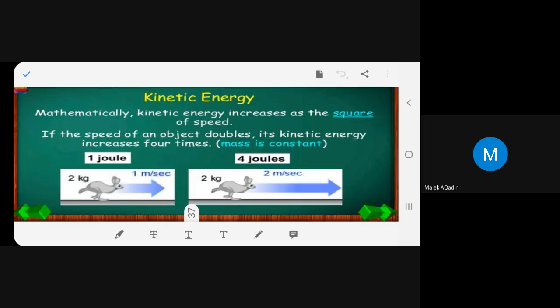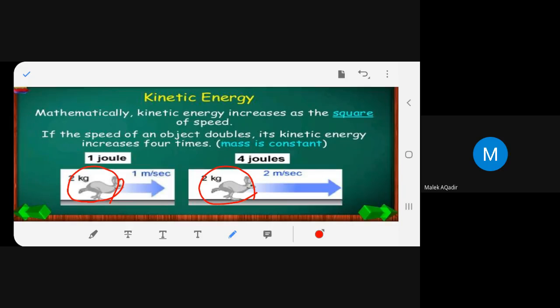What did we do just now? We have squared the speed. We have made it double, from 1 meter per second. The weight of the body remains the same. We are not touching the mass. It is 2 kg.